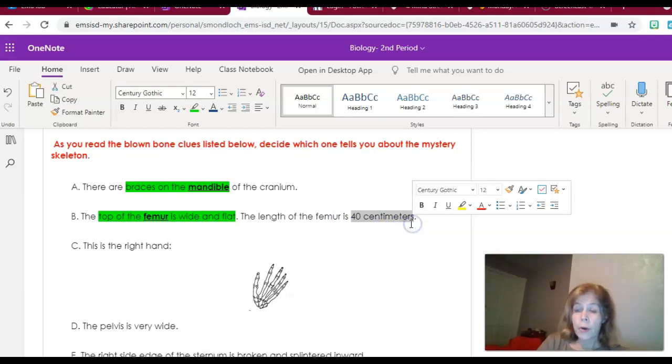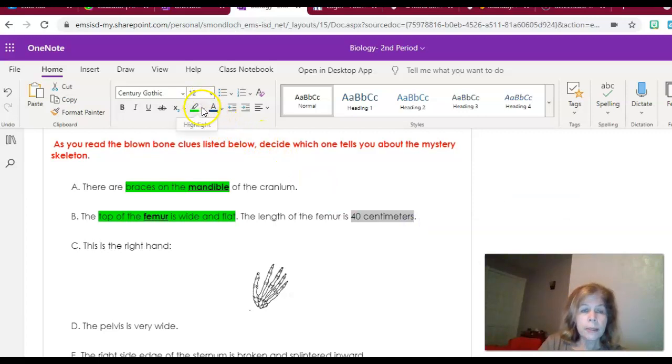Well, from your activity on Tuesday, you know that you can calculate the height from the femur. So you're going to use this information on B to calculate the estimated height of the victim.